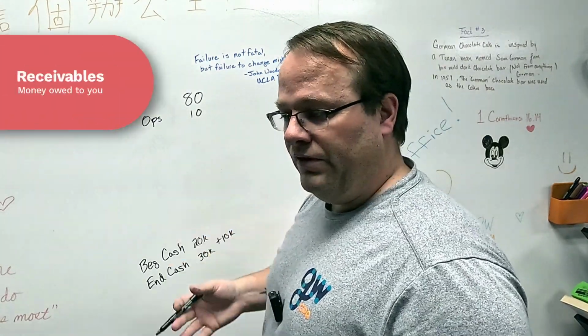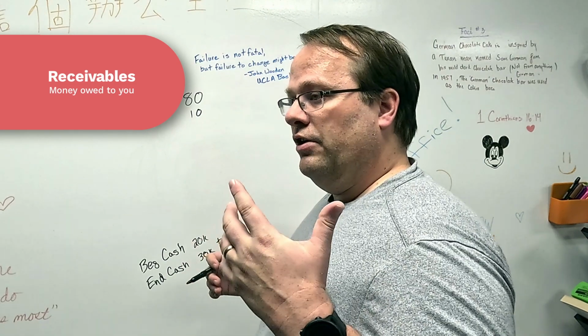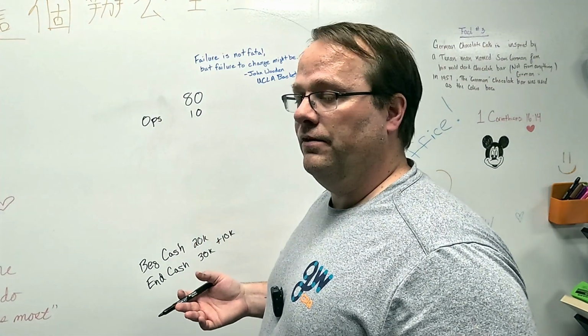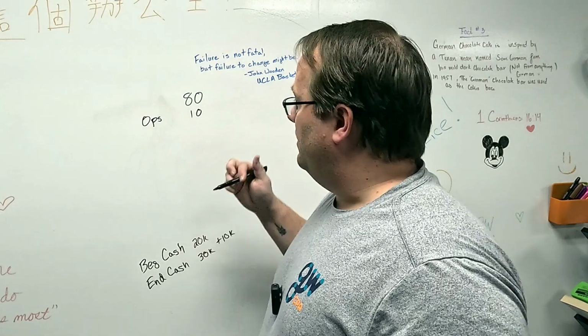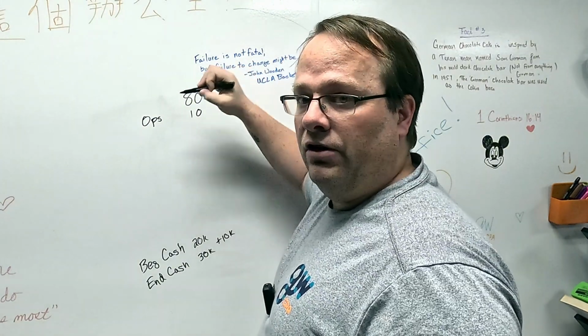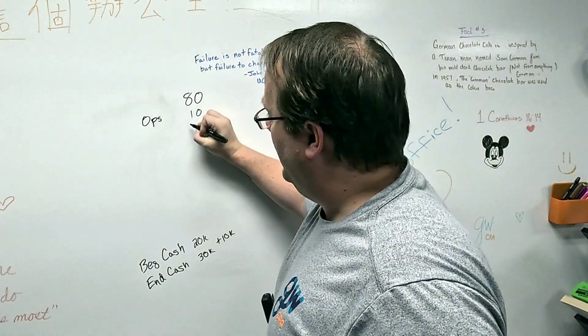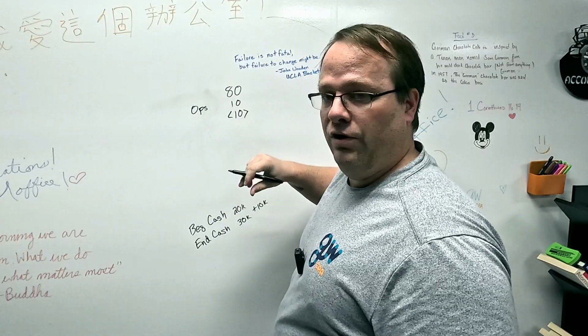So for example, receivables. If I started the year with 30,000 receivables and I ended the year with 40,000 receivables, that's $10,000 of my revenue that's locked up in receivables. So I've received $10,000 less cash because of the increase in AR.